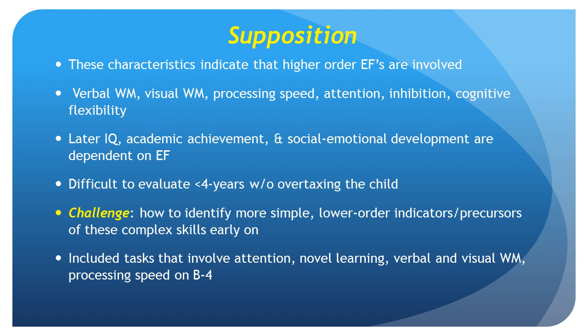And in children, there's a dramatic growth from 2 to 5 years in terms of executive function. And these are early indicators of verbal working memory, visual working memory, processing speed, attention, inhibition, and cognitive flexibility.